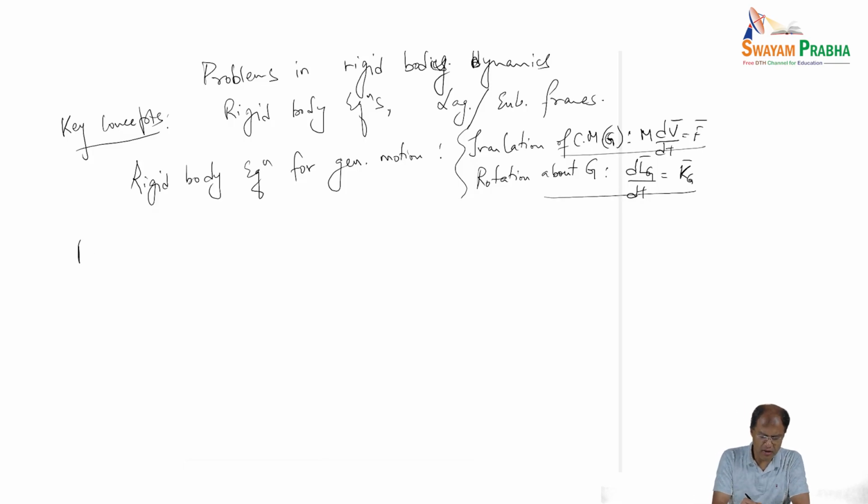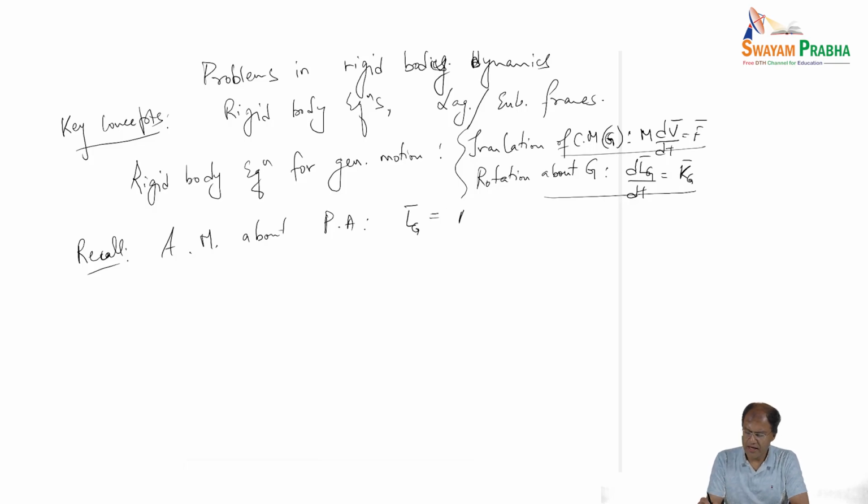Now recall that the angular momentum about the principal axis in 2D will be given by, so A and B are the principal moments of inertia, A omega 1 E1 plus B omega 2 E2.